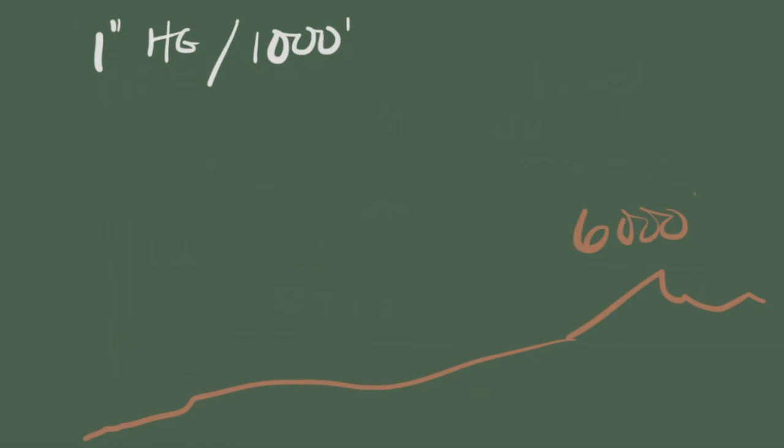Let's say the air pressure across the whole area is standard. That means the air pressure down here at sea level is 2992, and at 6,000 feet, subtract 6, so it's going to be 2392.